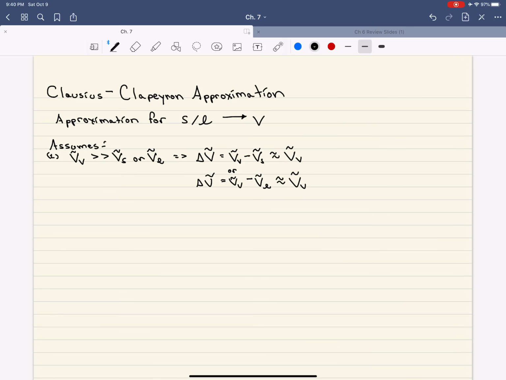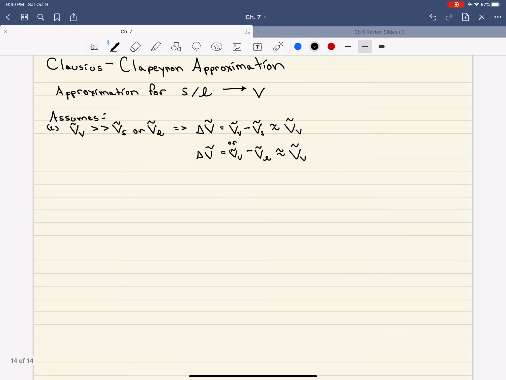That's the first approximation. The second approximation is that we assume that the vapor acts as an ideal gas. And so what that would mean is that the molar volume of the vapor, V sub V, we could estimate just using the ideal gas law.